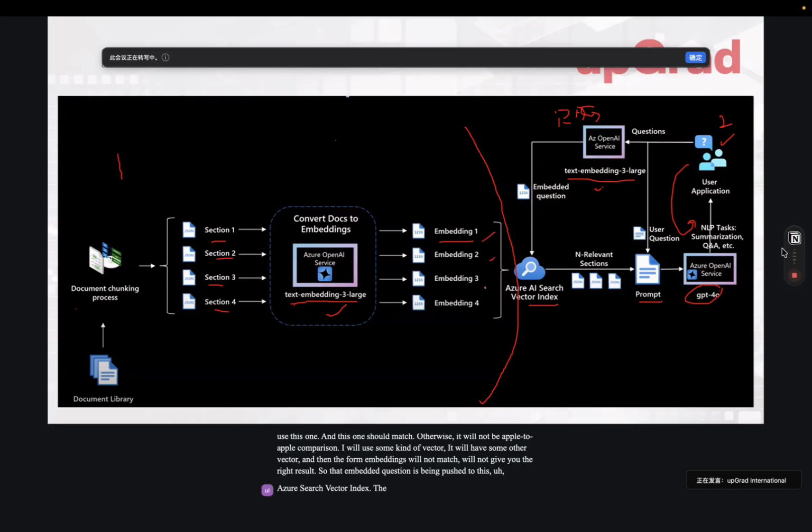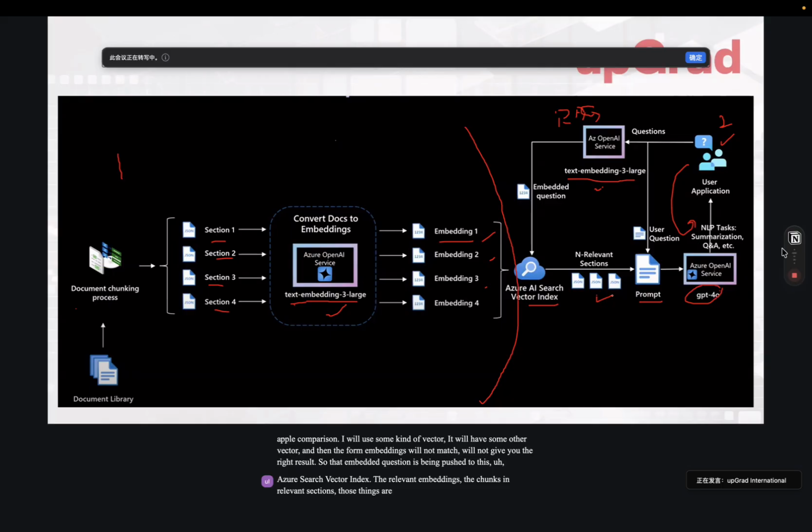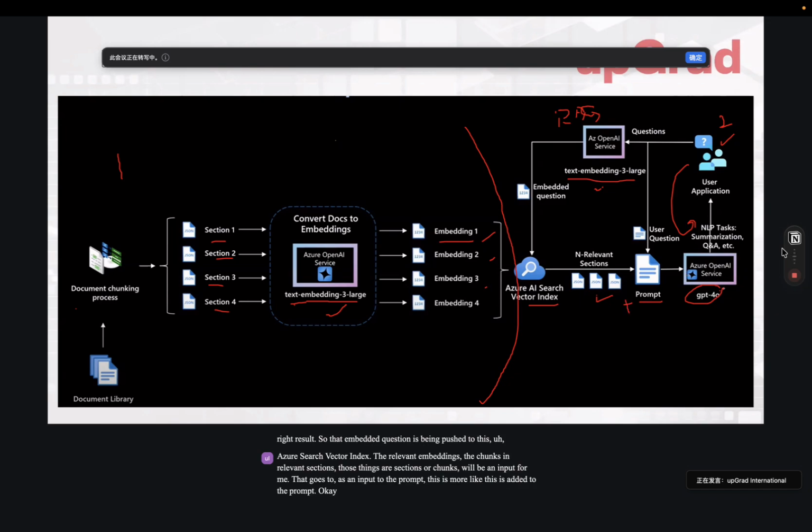The n relevant chunks or sections will be an input for me. That goes as an input to the prompt, so it is added to the prompt. Then we go to the LLM and push back the result. So this is the flow, nothing new, but I am using the entire flow on top of Azure services.